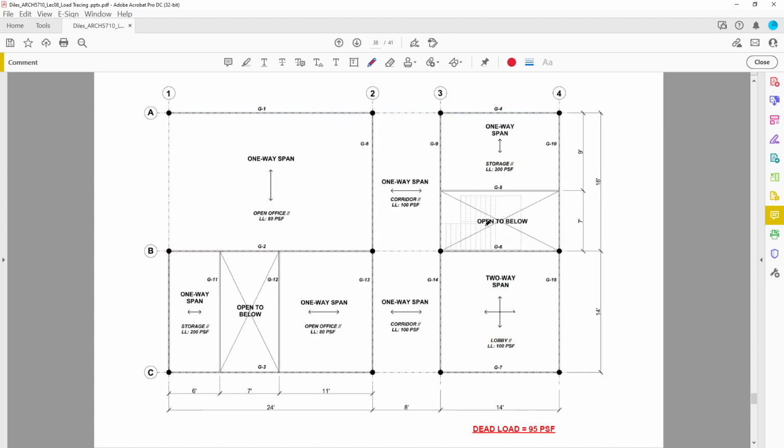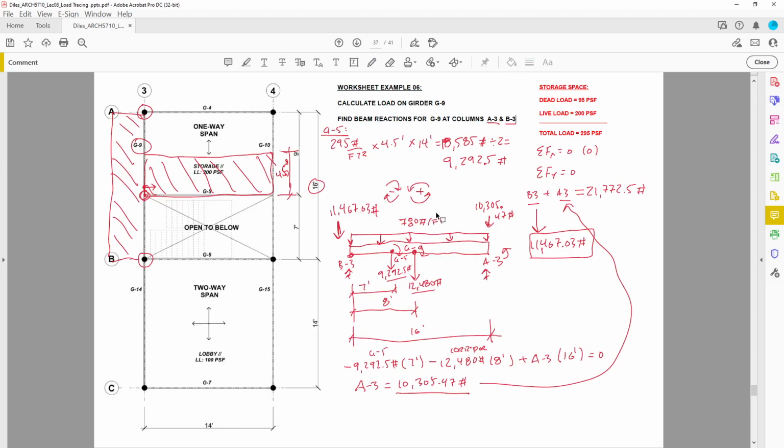Now let's look at our final example, example 7. What is example 7 asking? Let's see, determine all of the loads on column B3. All right, so B3 here, that's the one that we just calculated some of the loads on from girder G9, right?